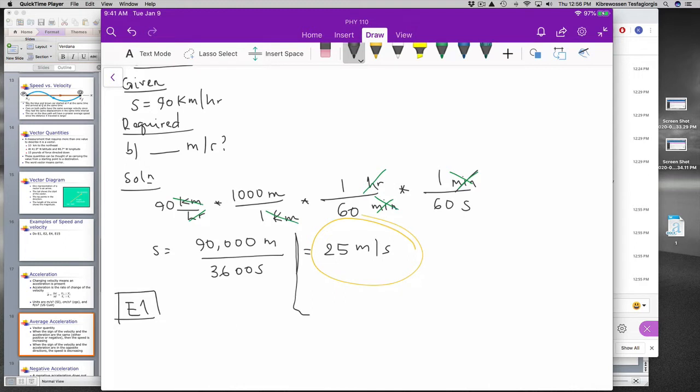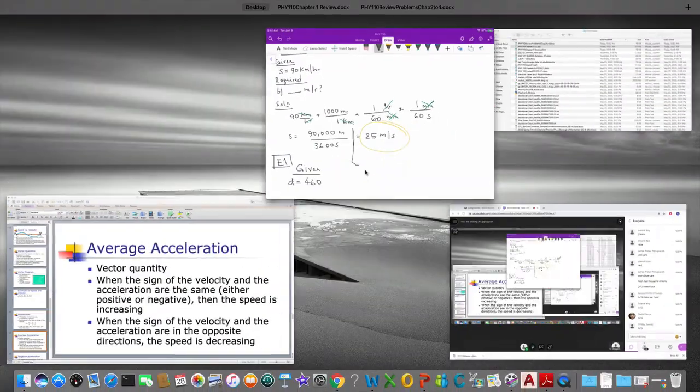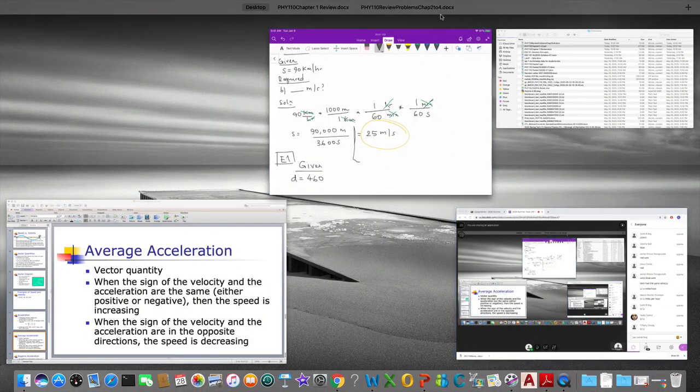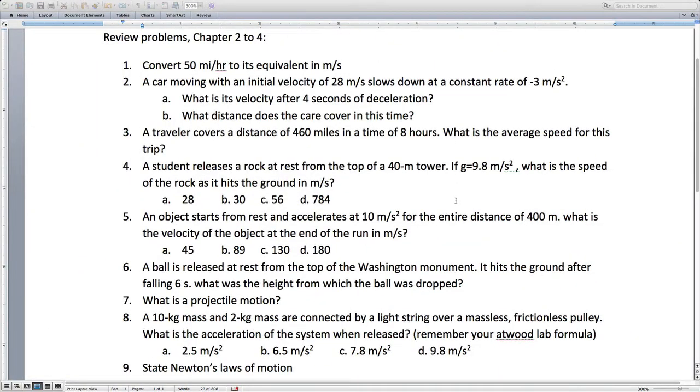So then what are my given parameters? When you read it, the distance is given, which is 460. Is it miles or kilometers? Miles.